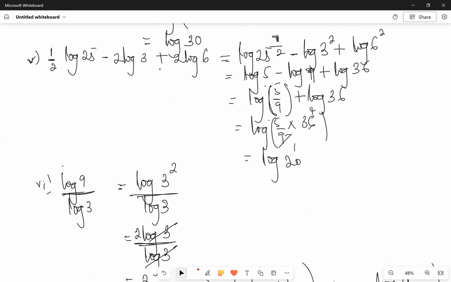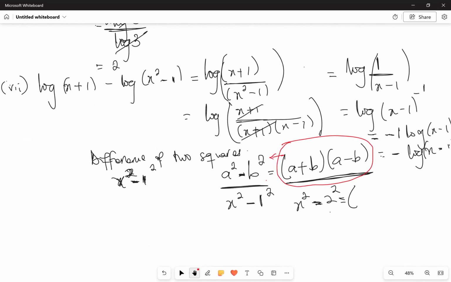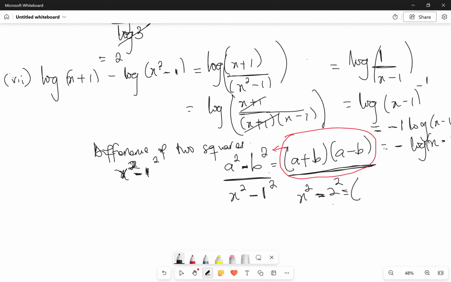So continue writing. 2 log 5 BC plus log 4 base A, minus 2 log 10 base E. So this is similar to what we did earlier.